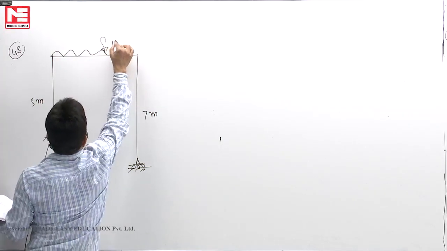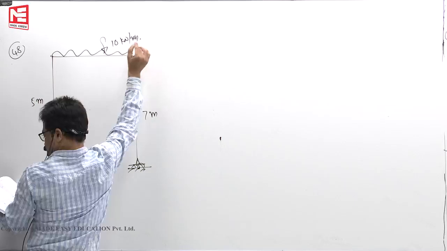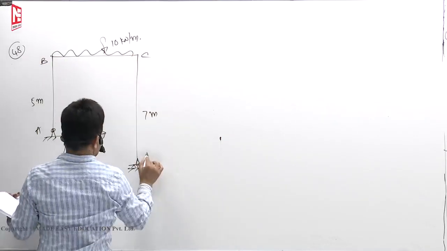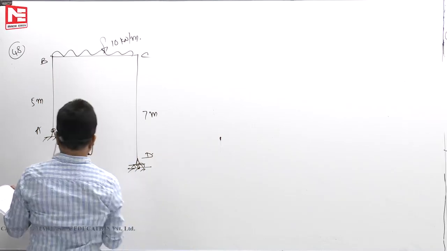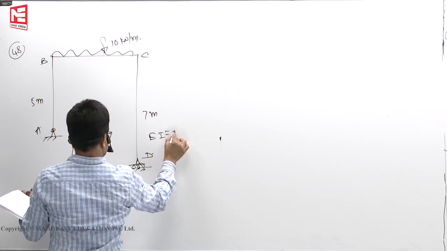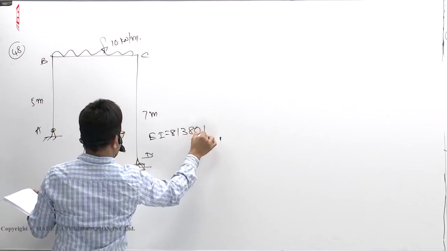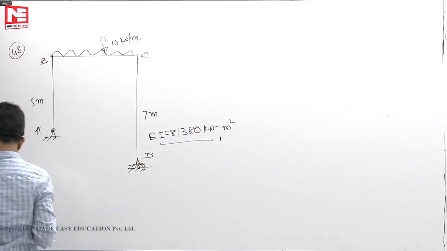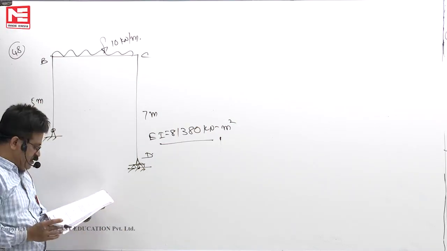This is 10 kilonewtons per meter. A, B, C, D. EI value also has been given, 81,380 kilonewton meter square. Column AB carries axial force only.